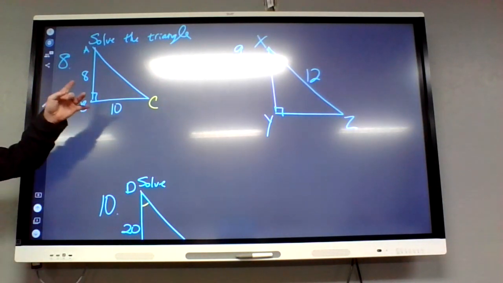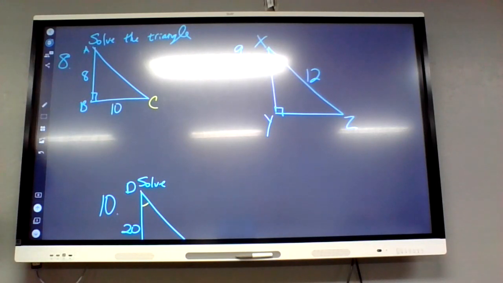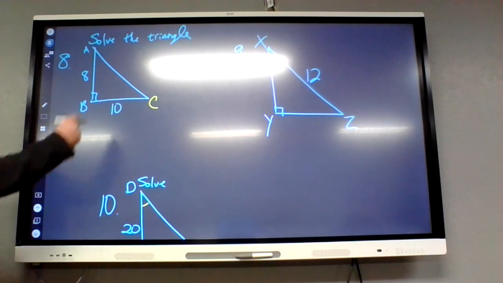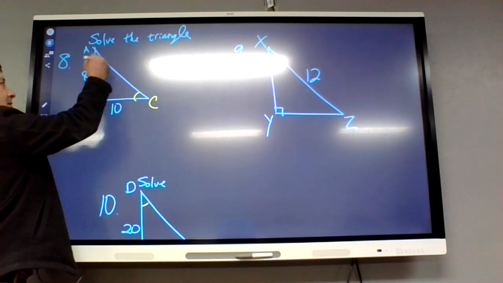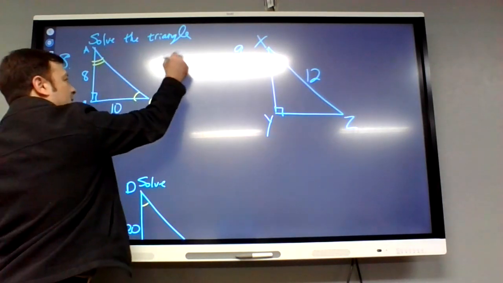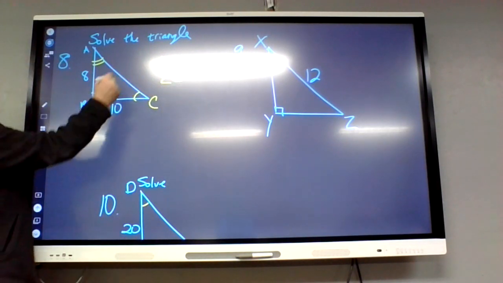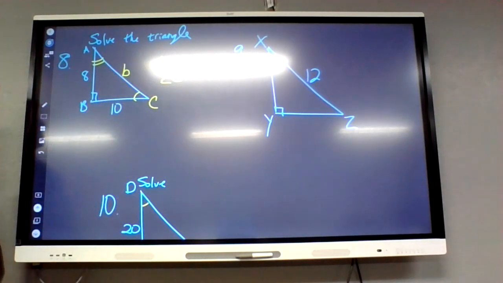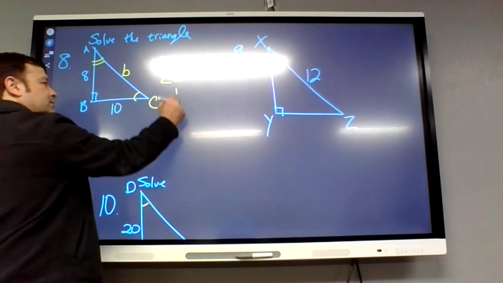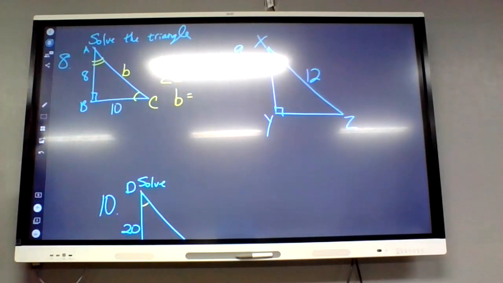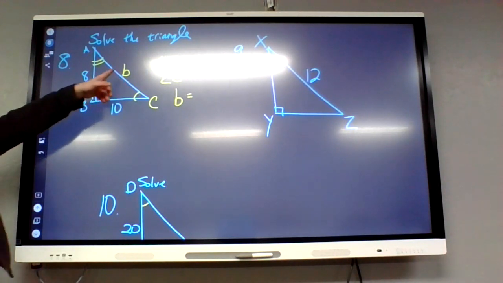Okay, what does it mean to solve the triangle? Find all the missing parts. What parts are missing? Missing angle A, angle C, and side b. If this is called angle B, this is called lowercase b, side b. Let's start with the easier question, side b.